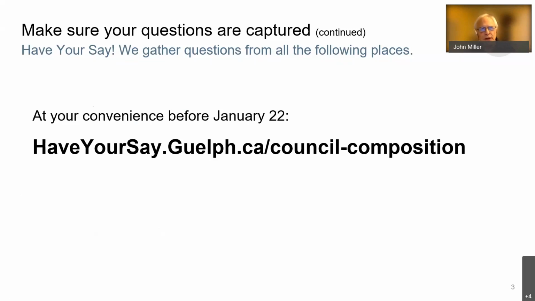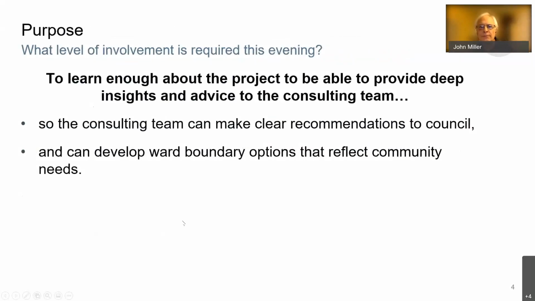The purpose of the consultation itself, next slide, is that tonight is more about education. We want to inform as many people as possible that this consultation is going on and how to get involved, all right?